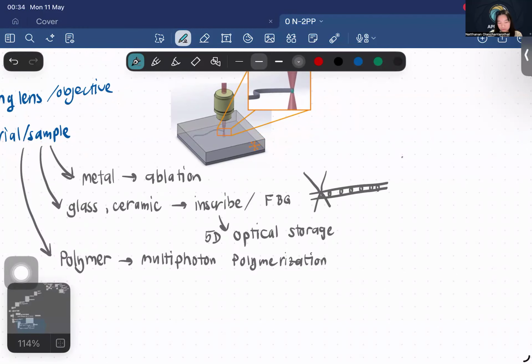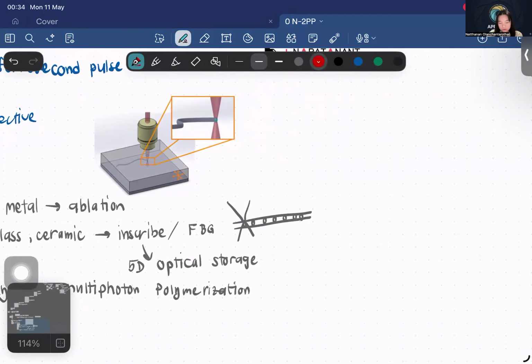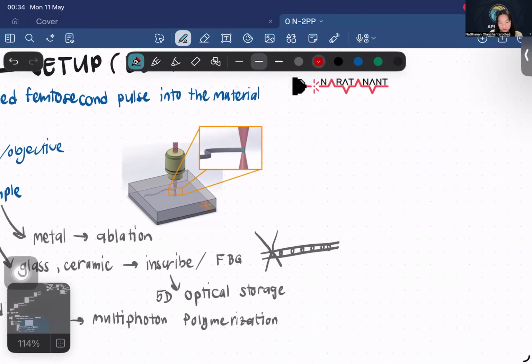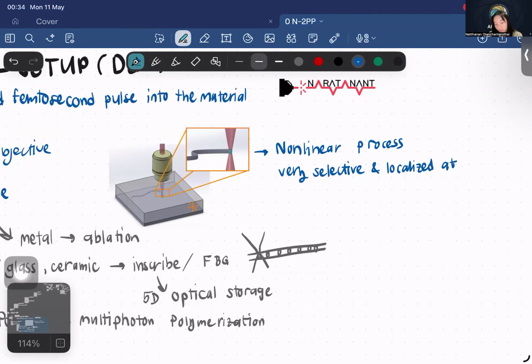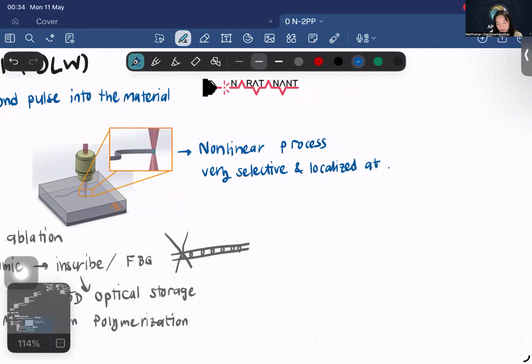And so this technique can have a nonlinear process, which means it is very selective, very localized, at the focus point where the intensity is high enough to trigger this.